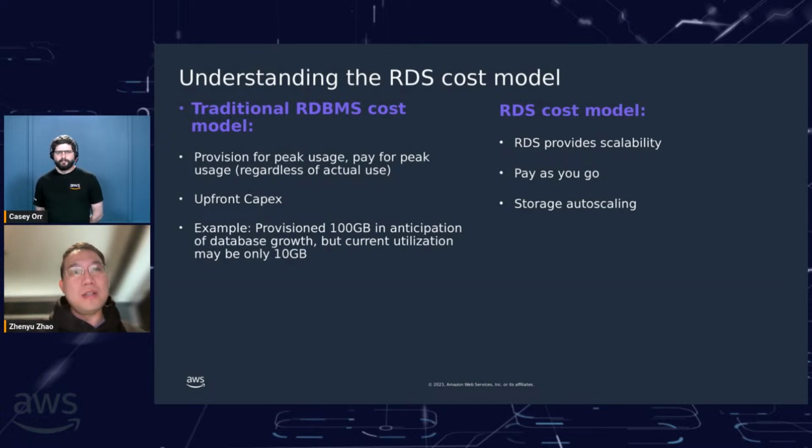We won't think about the upfront capex that much. But in the cloud environment, it's pay as you go, and also auto scaling, especially around the storage I/O. So we will deep dive into the RDS I/O and IOPS in the next couple of slides.